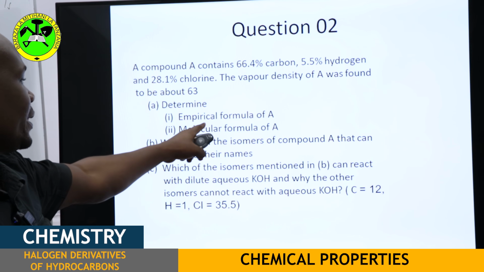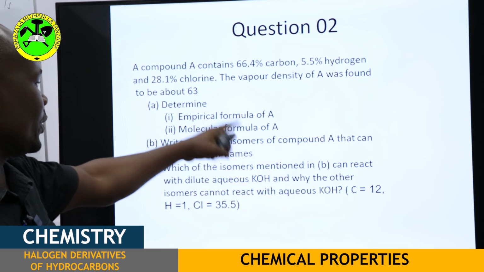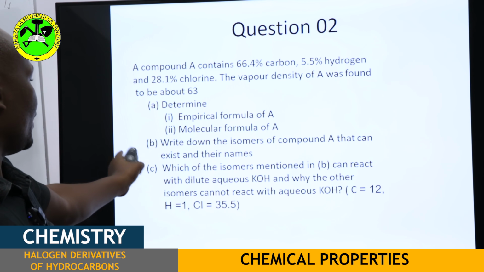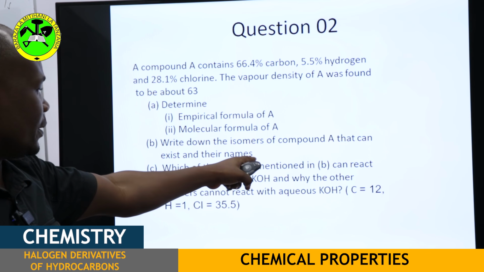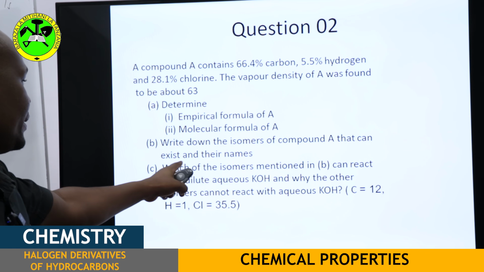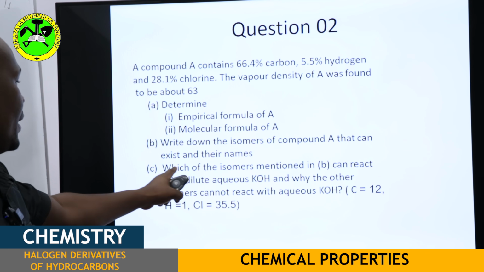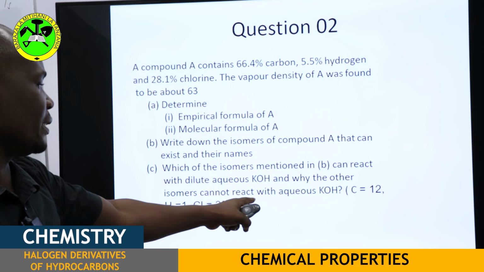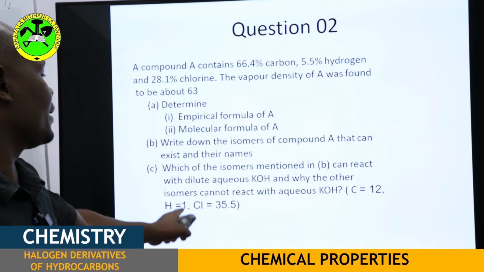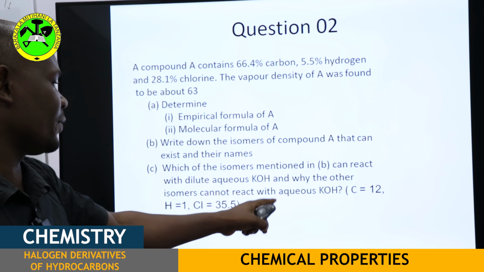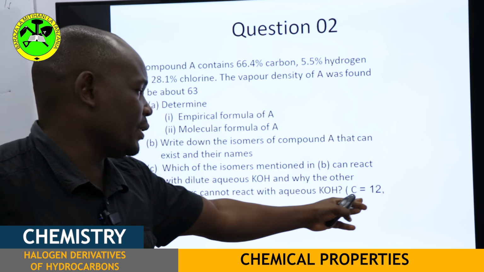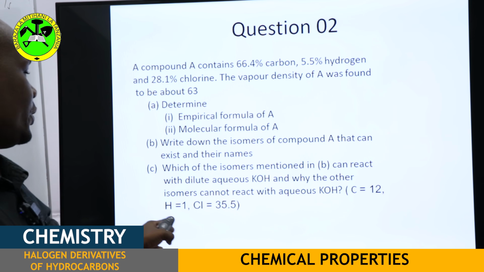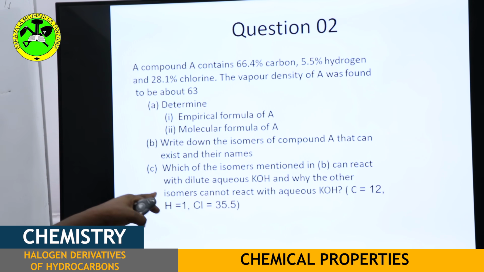You are asked to determine the empirical formula of A, the molecular formula of A, and to write down the isomers of compound A that can exist and their names. Which of the isomers can react with dilute aqueous potassium hydroxide, and why can the other isomers not react with aqueous potassium hydroxide?